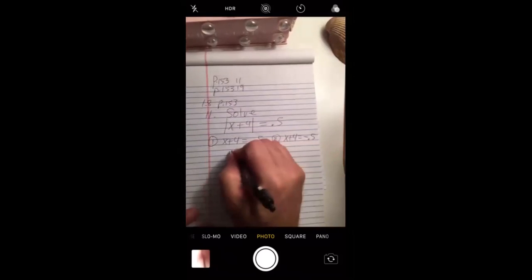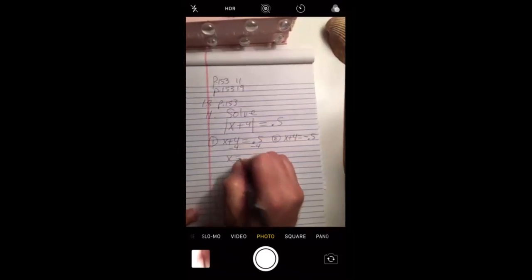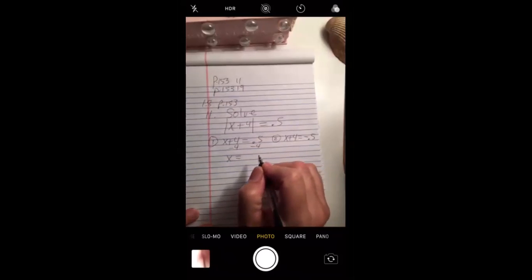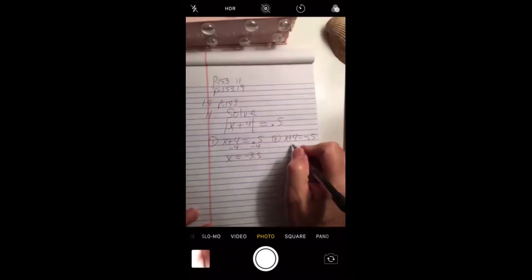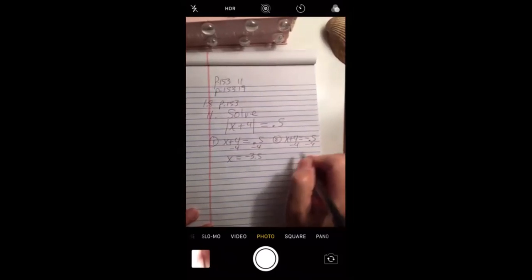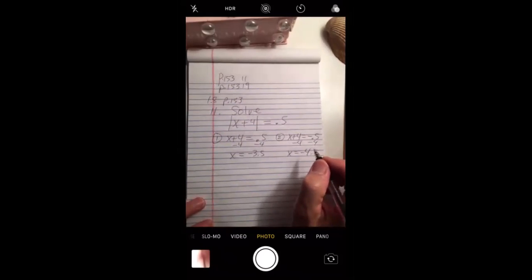In both cases, you're going to subtract 4 on both sides. I think you're going to find that that's negative 3.5. And when you do minus 4 and minus 4, I think you're going to find that's negative 4.5. Can you see the check?